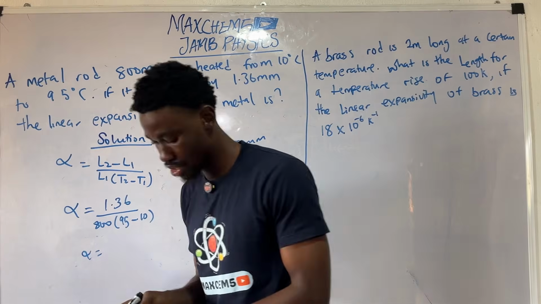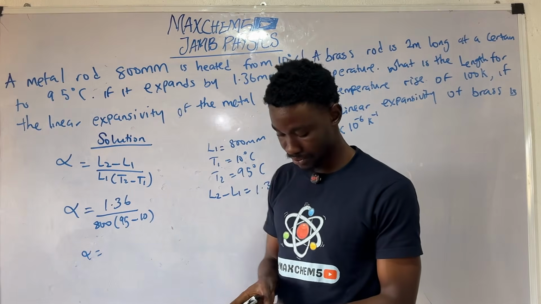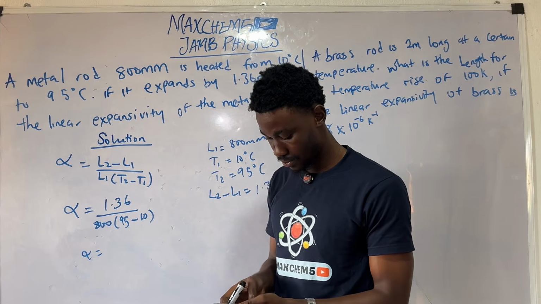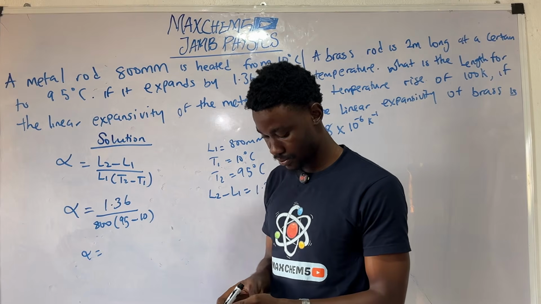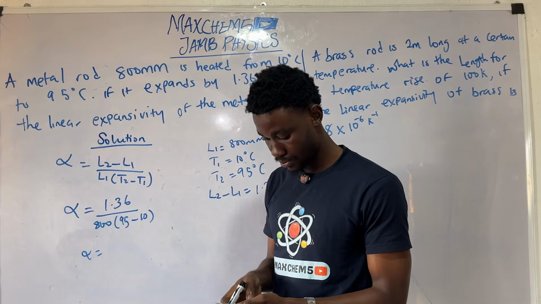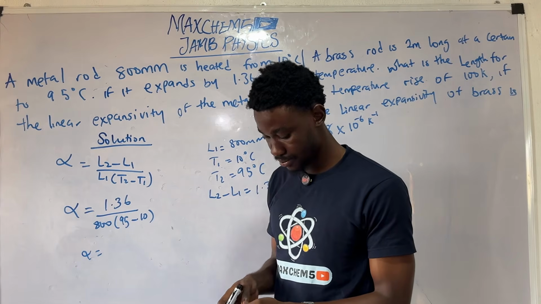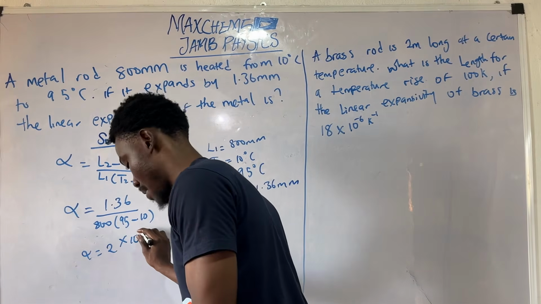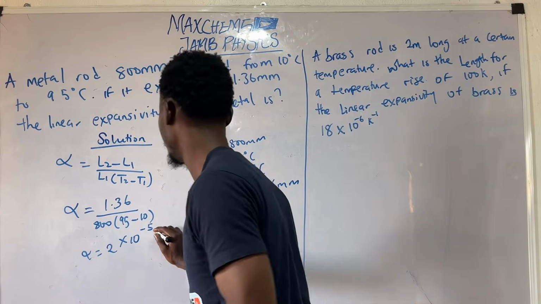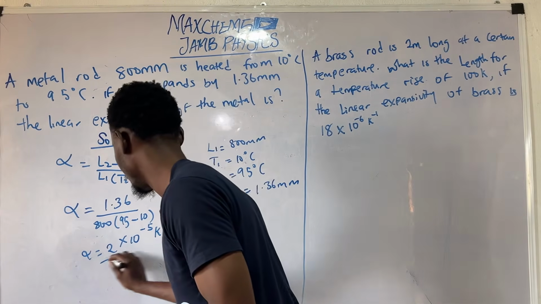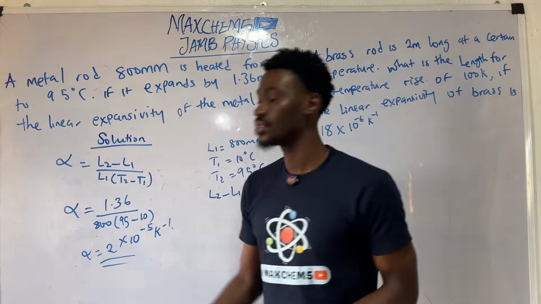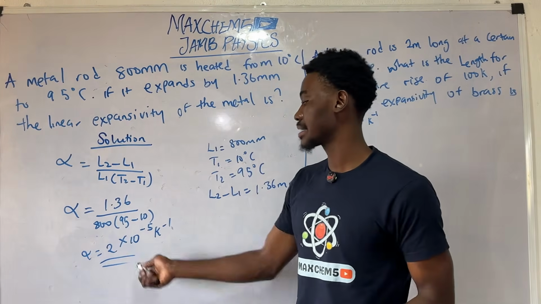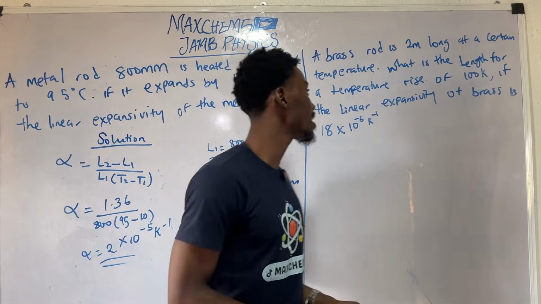Punching this into my calculator, I would have 2 times 10 to the power minus 5 per Kelvin. So this is the coefficient of linear expansion being asked. Moving on to the next question.